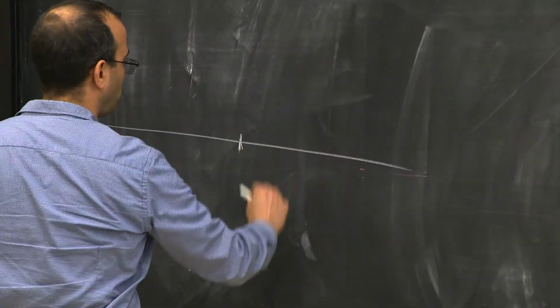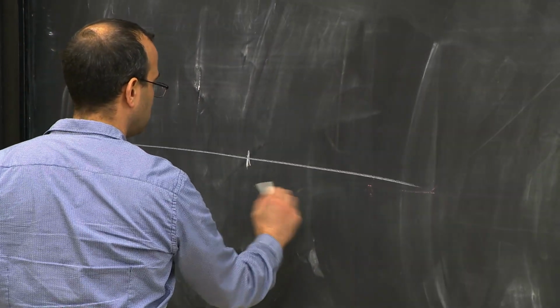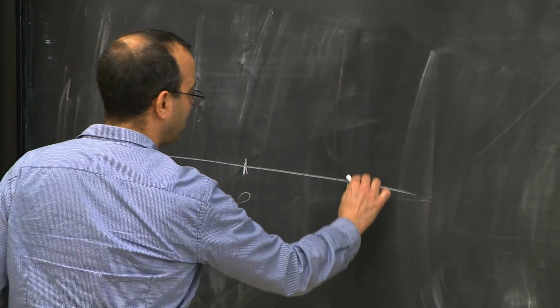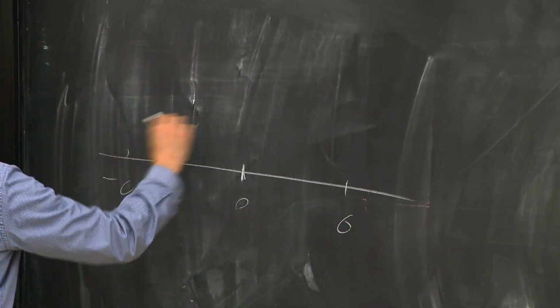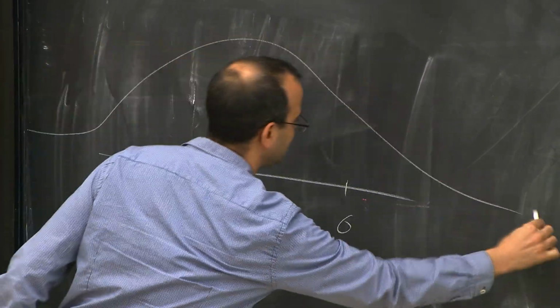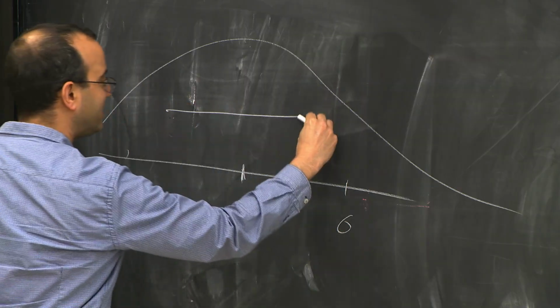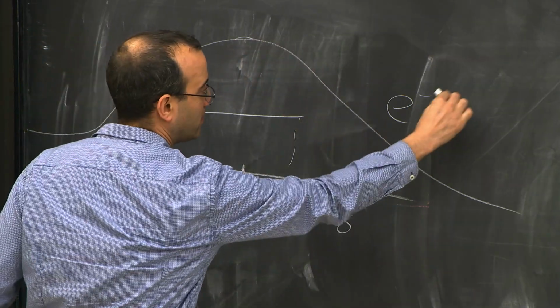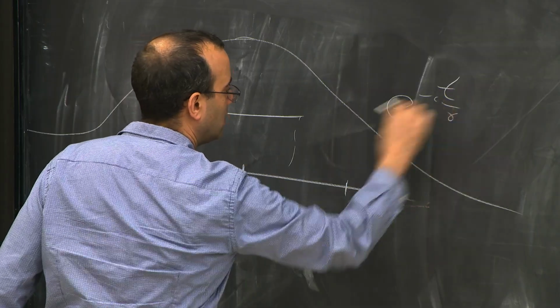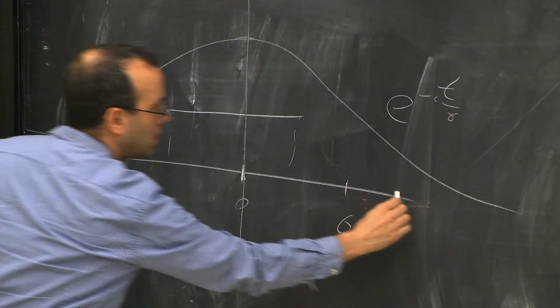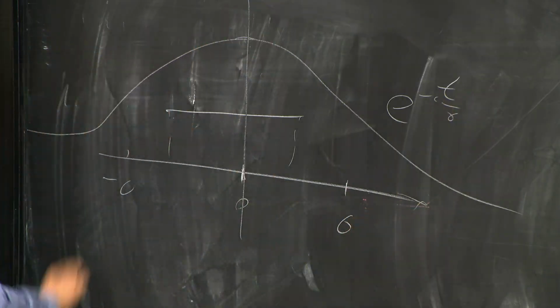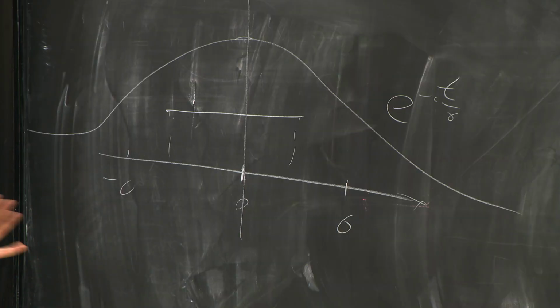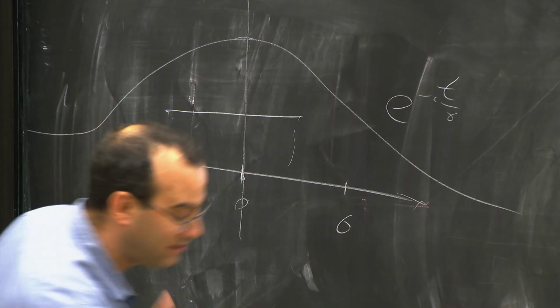Let's say it's centered at 0, with standard deviation sigma, and it decays exponentially, like e to the minus t over sigma. So it's a very rigid object. It's not a perfect Gaussian, but not that wild.